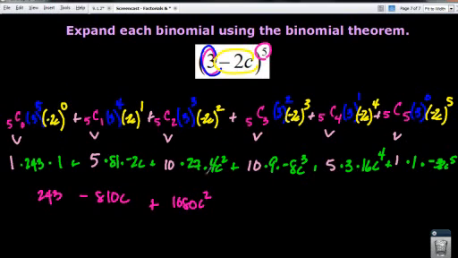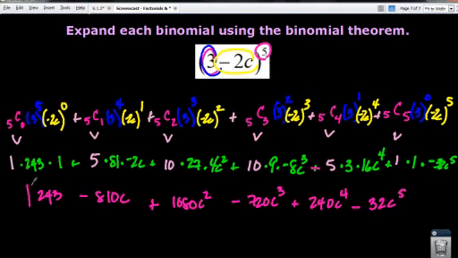I should have pre-calculated this, I suppose. 108, yeah. Times 10, minus 720c cubed. That was a plus sign in case you couldn't tell. Plus 240c to the 4th. And minus, I can barely read my writing because I squished it together, 32c to the 5th.